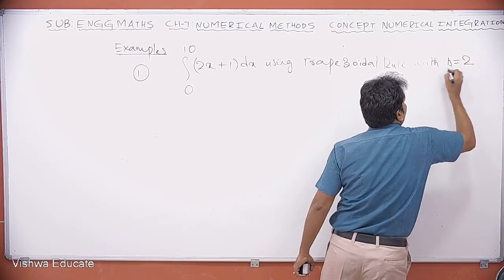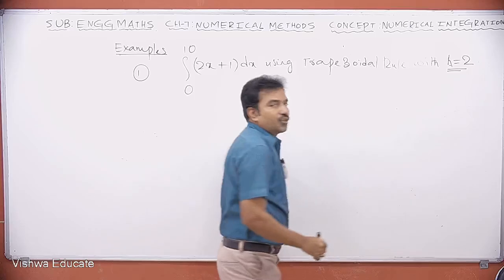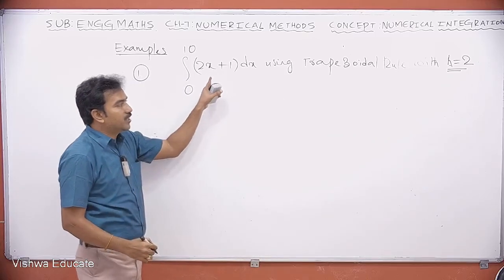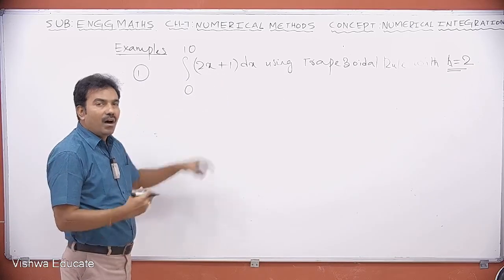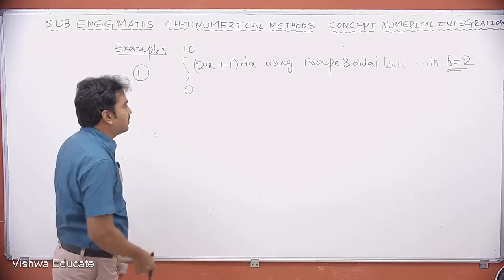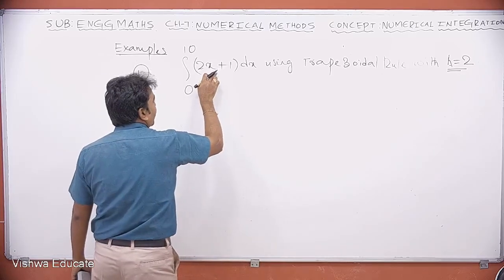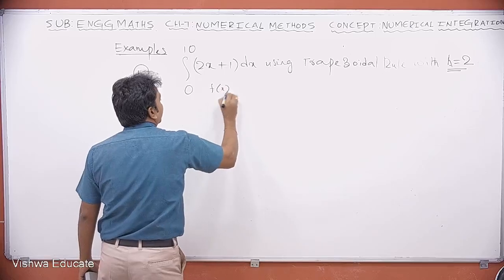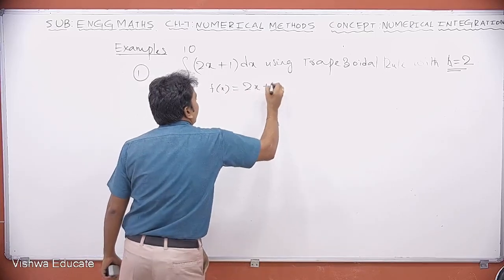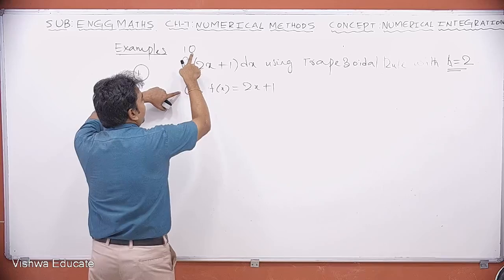H value is nothing but step size. So let us evaluate this integral using trapezoidal rule with h equal to 2. After that we try to find error also. So this is my f of x. F of x is 2x plus 1. H value is 2. This is lower limit, this is upper limit.